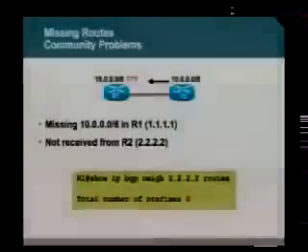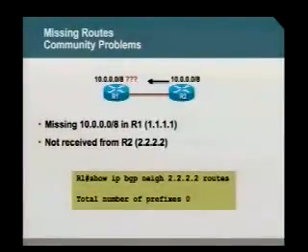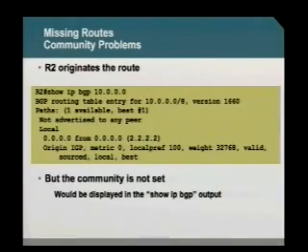Community problems. Okay, you can get issues with trying to use BGP communities as well. So here's the same example reworked, showing you where communities could cause an issue. Router 2 originates a prefix, network 10, it's in the BGP table, it looks fine, but the community is not set.